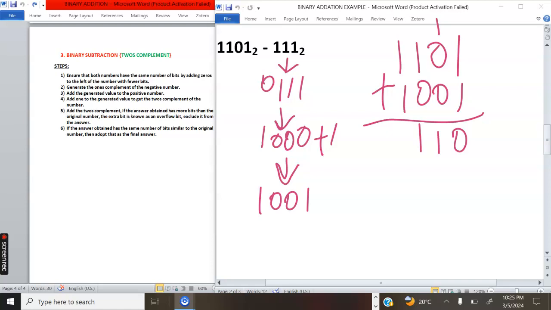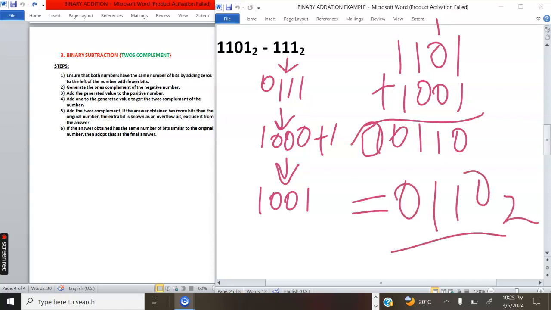Then we have 1 plus 1 is equal to 1 0. So we have an overflow. For the overflow, the rules are very clear: we exclude it from the working. Therefore, my answer will be 0 1 1 0 base 2.